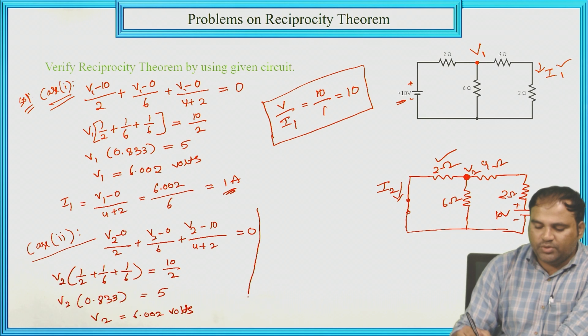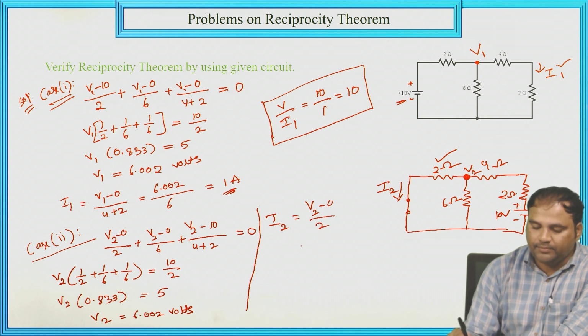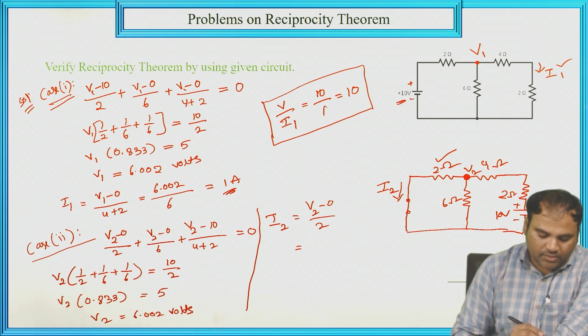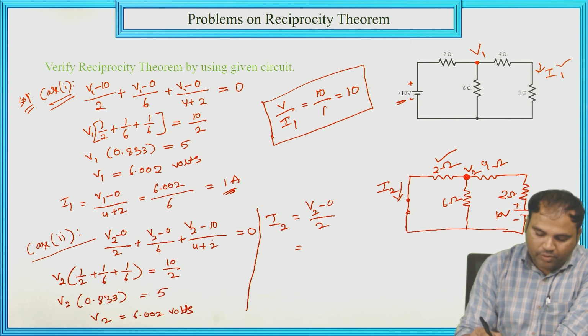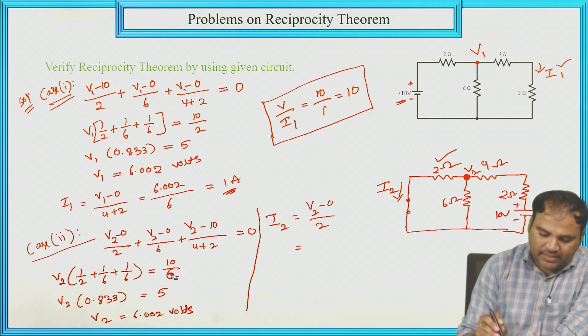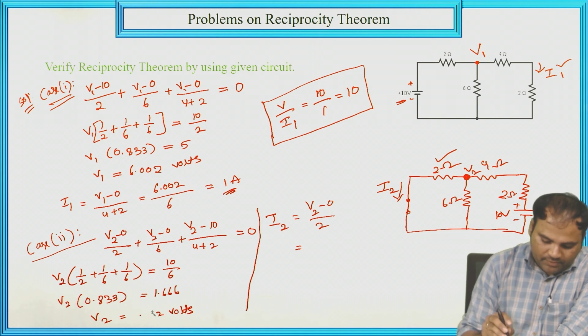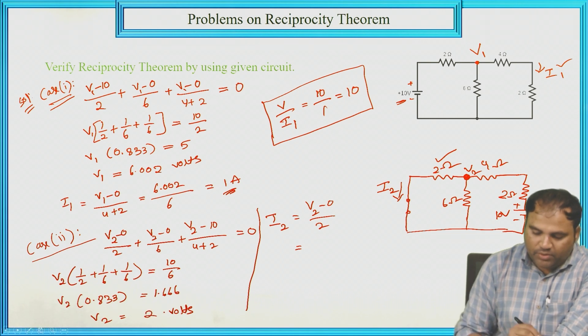So here the current through the 2 ohm resistor is I2 equal to V2 minus 0 divided by 2. So the V2 value is equal to 2 volts.